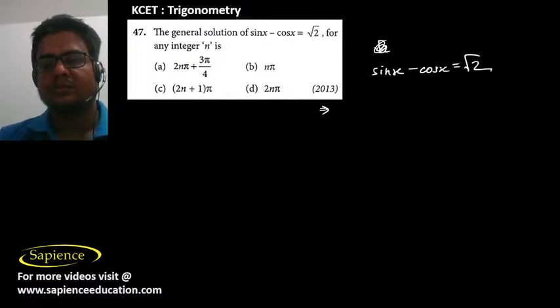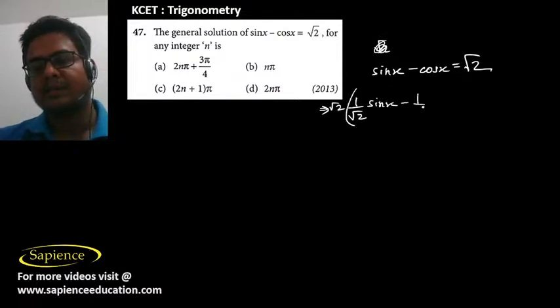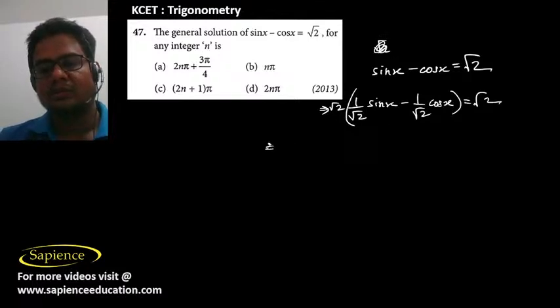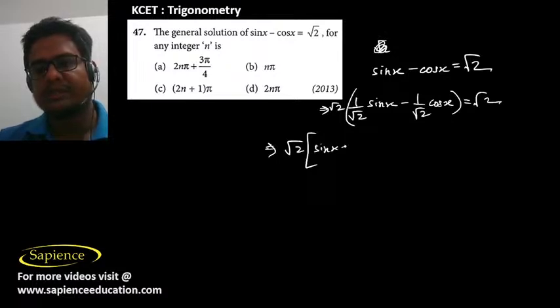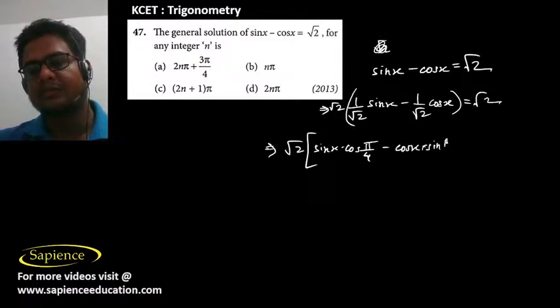So sin x minus cos x, I can write it as root 2 into 1 by root 2 into sin x minus 1 by root 2 into cos x, that is equal to root 2. So this can be written as root 2 into sin x into cos pi by 4 minus cos x into sin pi by 4 is equal to root 2.